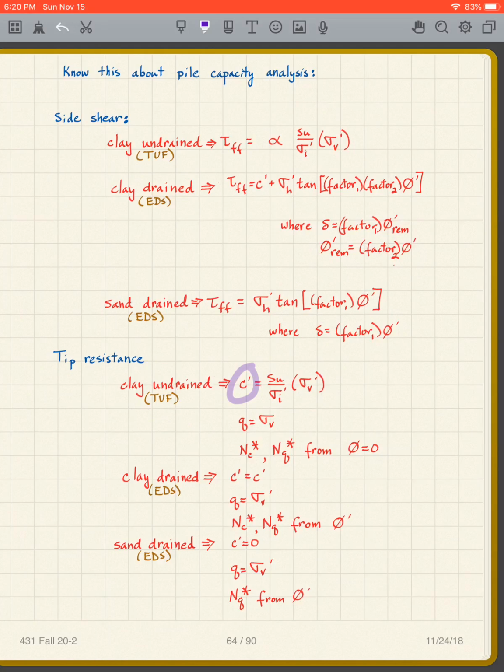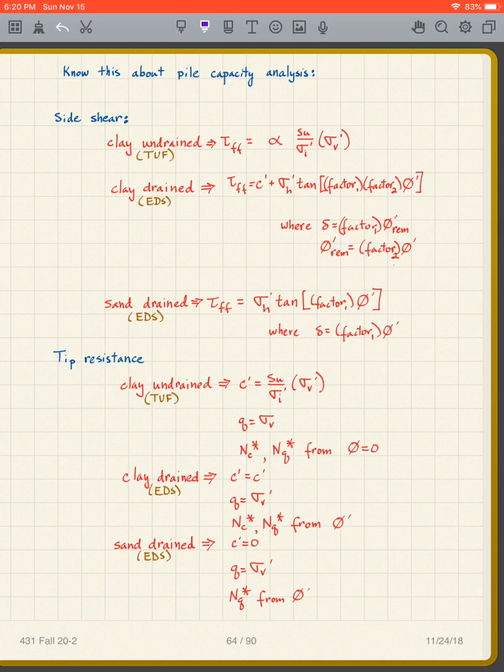That has nothing to do with C prime. But, you know, the way we write our bearing capacity failure equation, we have this C prime there, and we have to use it even though we're in tough, but remember, C prime means SU.